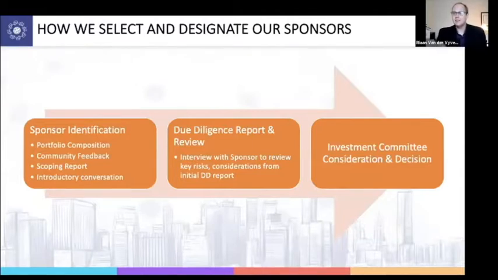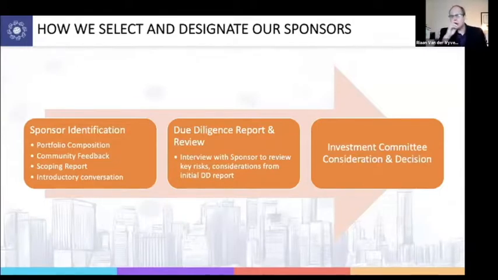Based on that, we now know that we need to go and look for multifamily in Utah, or we need to look for office in this area, and so on and so forth. So it points our search for sponsors very specifically in the areas where we believe there are supporting fundamentals for returns.